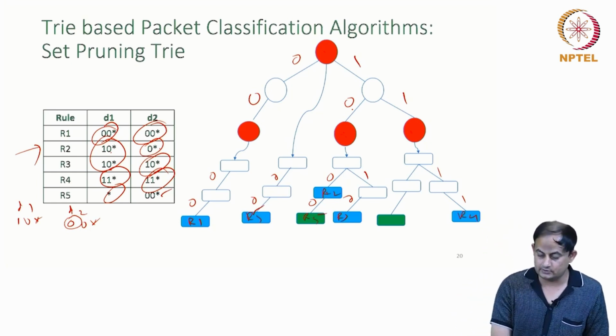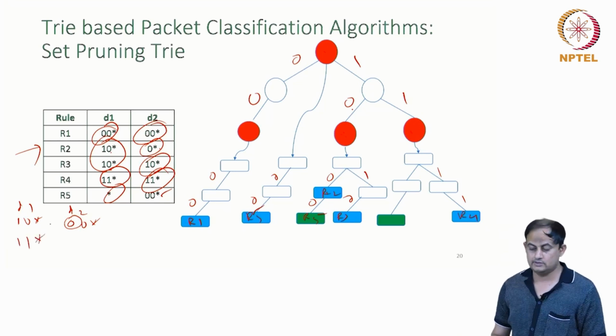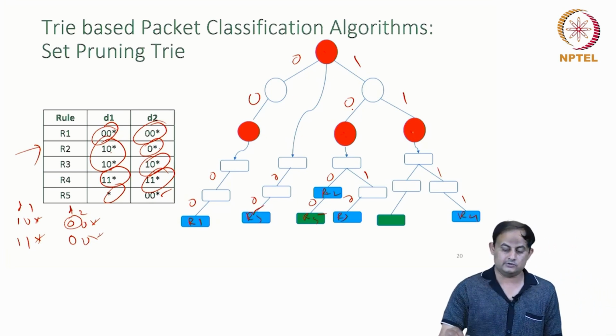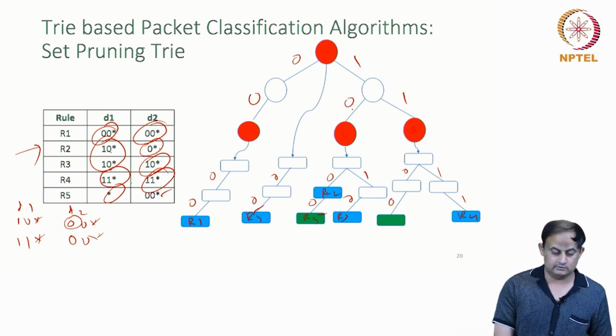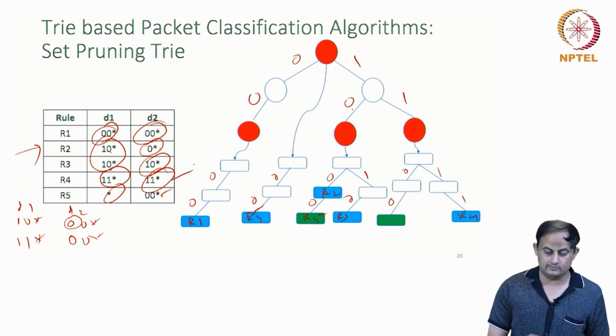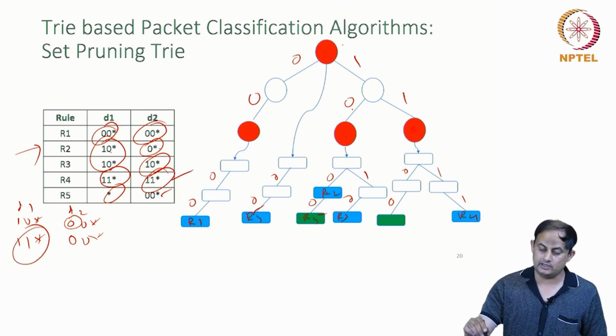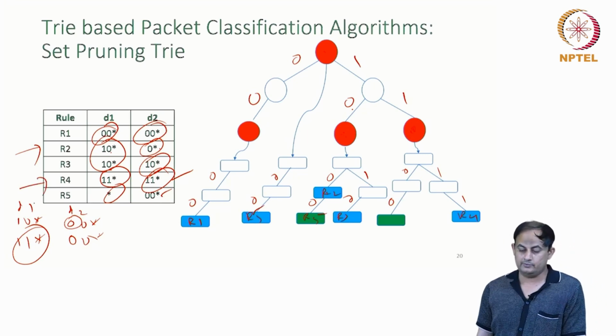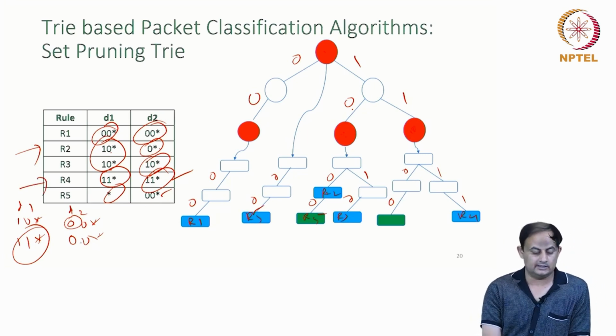Similarly, if the input is 1 1 star in the first dimension and then a 0 0 star in the second dimension, so 1 1 star I came to this node, and then on a 0 and a 0 I came to this node. When I am reading the 1 1 star of the first dimension, I am trying to evaluate the possibility of an applicable rule. If that fails, then the second time I am supposed to get a 1 1 star, but that is not happening.